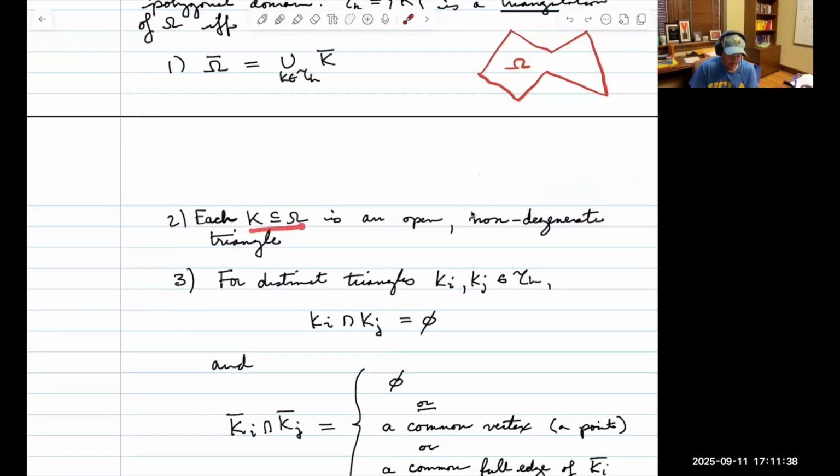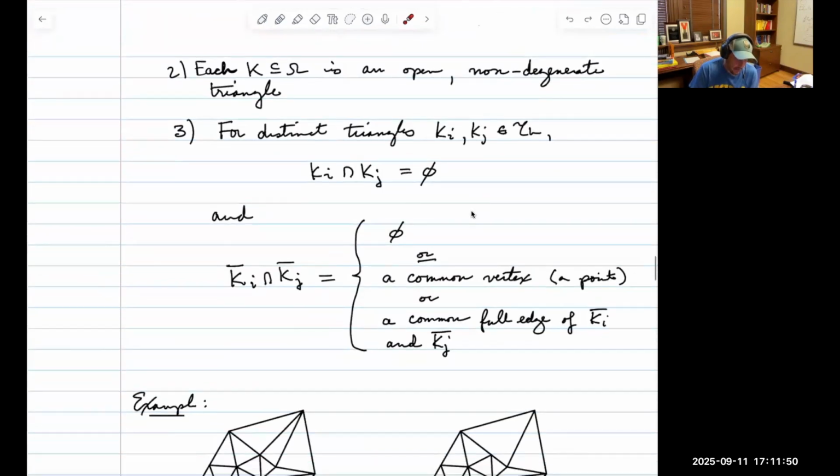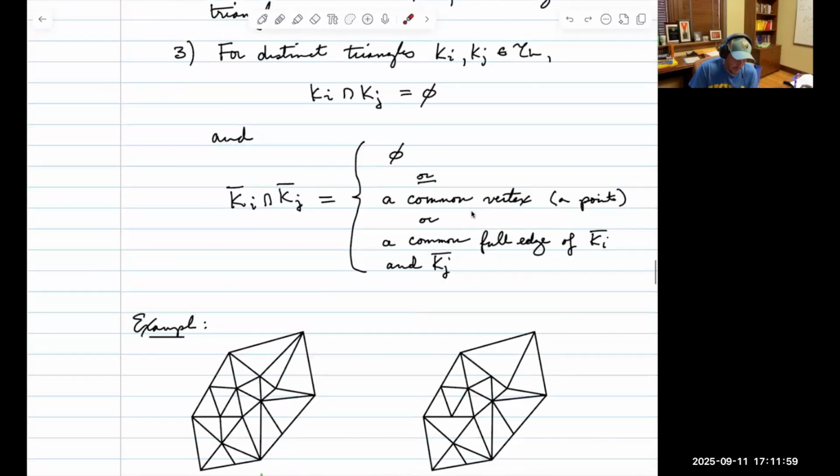Each element of the collection has to be an open, non-degenerate triangle that is a true subset of omega. And lastly, the intersection of any two distinct triangles has to be empty, and when I take the intersection of their closures, I can only have one of these three choices.